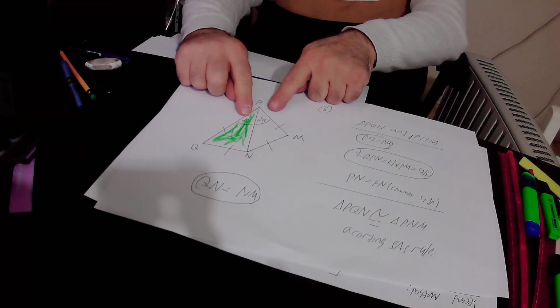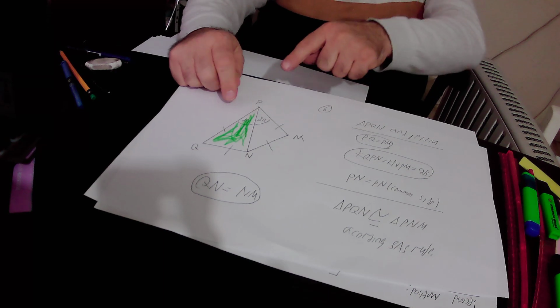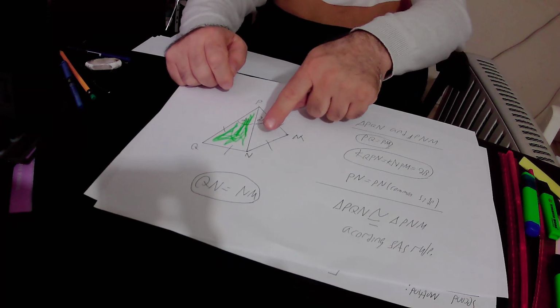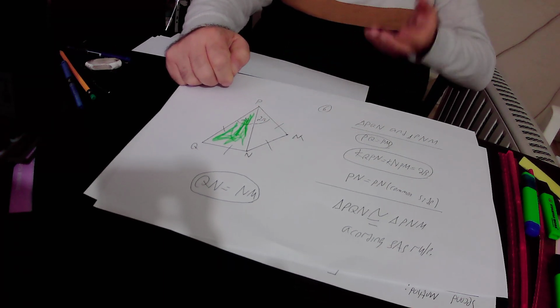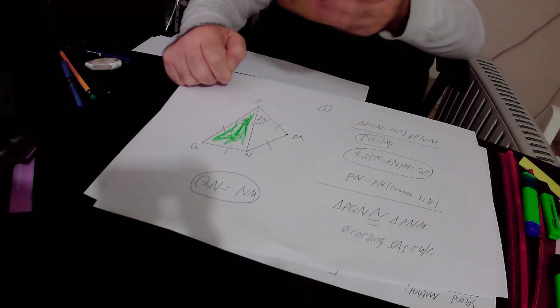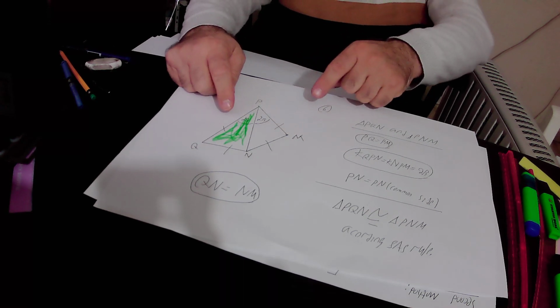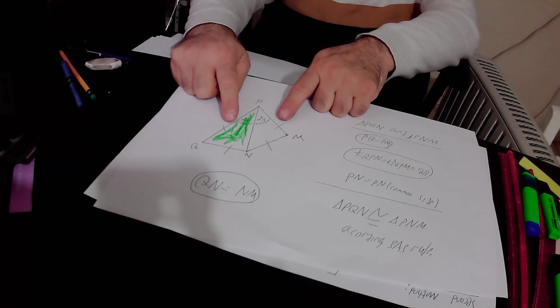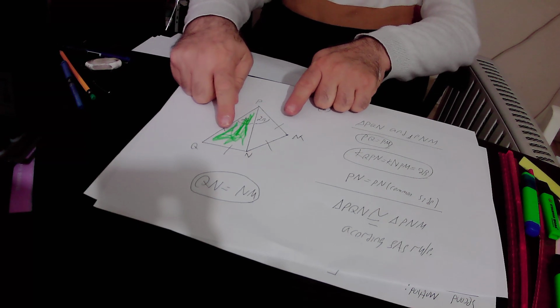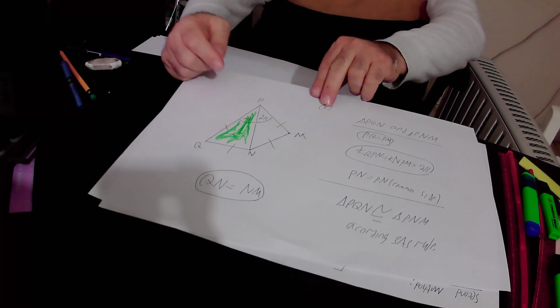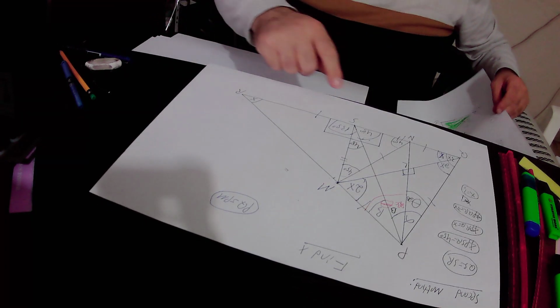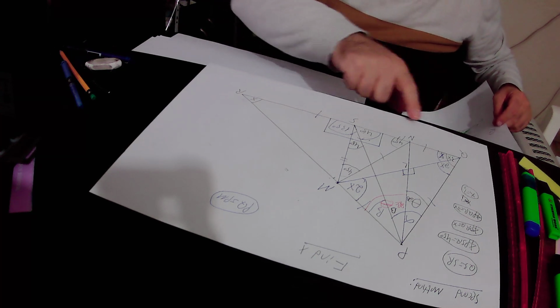And we have those two angles that are equal to each other, they are both equal to beta. And PN is a common side that belongs to both triangles. So we proved that those two triangles are congruent according to the side angle side rule. And from the fact that they are congruent, we conclude that QN equals MN.